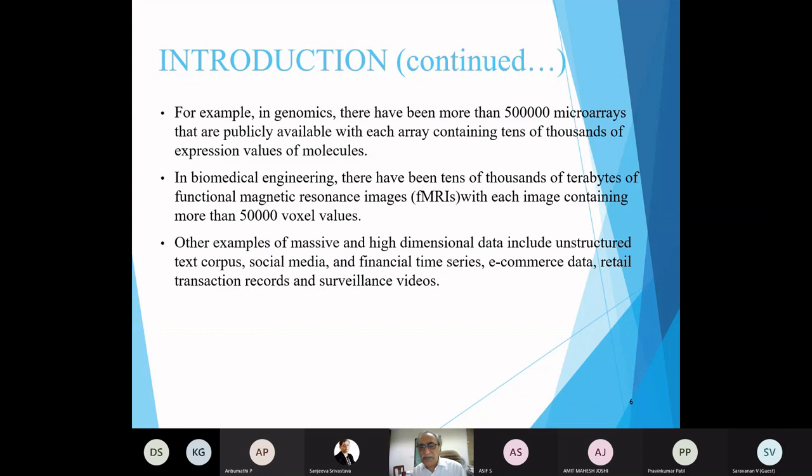Other examples of massive and high dimensional data include unstructured text corpus, social media and financial series, e-commerce data, retail transaction records, surveillance videos, etc. So we do come across such examples in our day-to-day life. Okay, and all these examples give rise to data which can be regarded as big data.